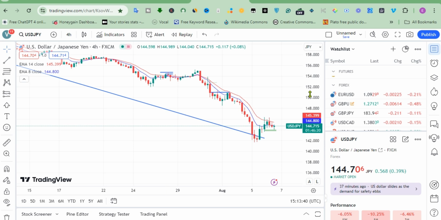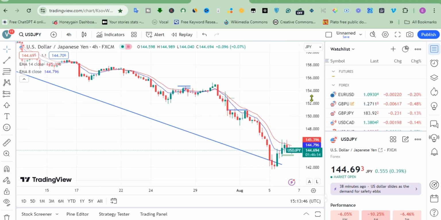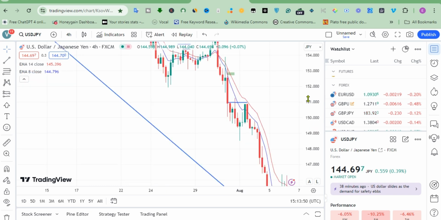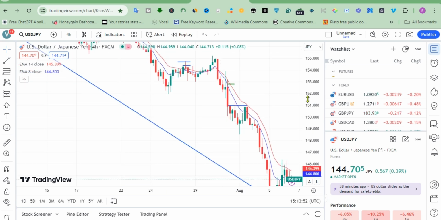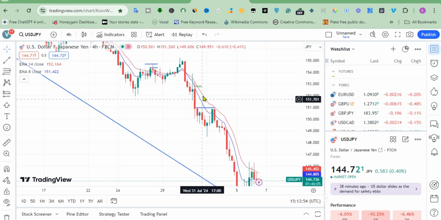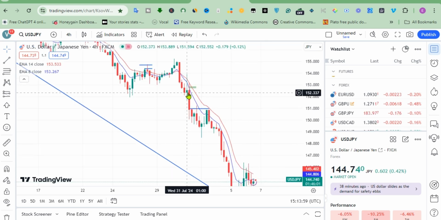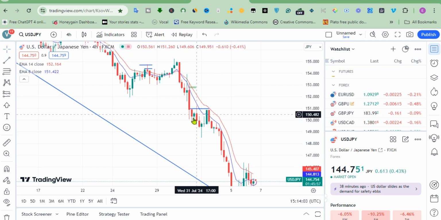What's happening here is that it's giving us, from up there, down here, higher high, lower low, lower high, lower low, lower high, lower low, lower high.